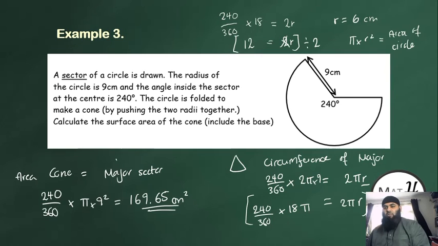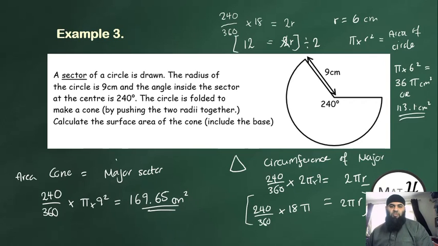So I'm going to have pi times 6 squared, which gives me 36 pi, which is equivalent to 113.1 centimeters squared. So now we have the two different surfaces, 113.1 and 169.65.